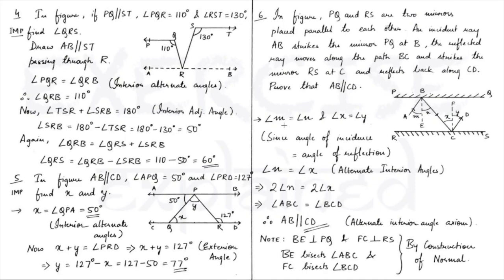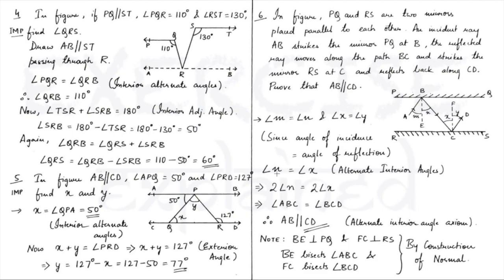So you can see here I have written angle M is equal to angle N and angle X is equal to angle Y. The reason is basically you would have studied in reflection in 8th standard, that angle of incidence is equal to angle of reflection. So M is equal to N over here and X is equal to Y over here.